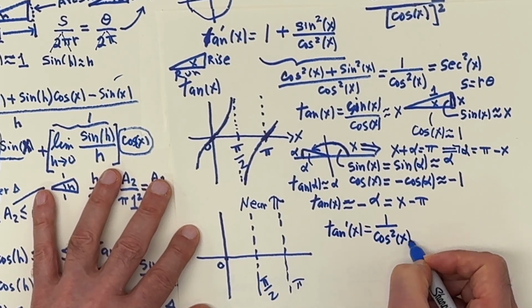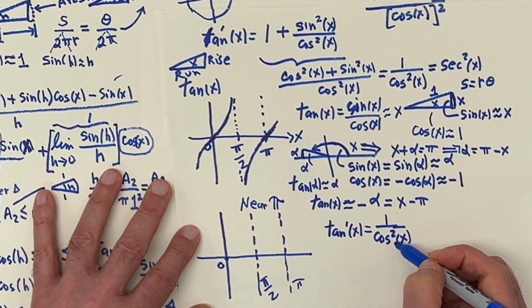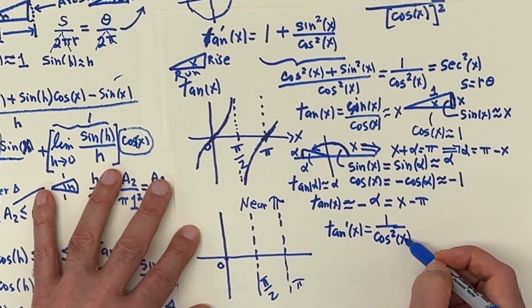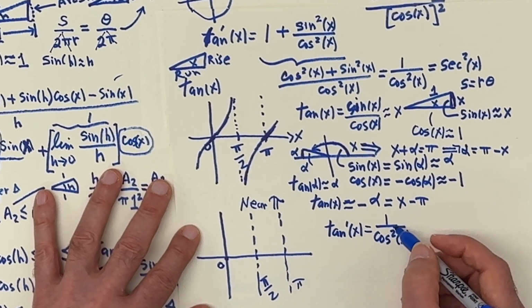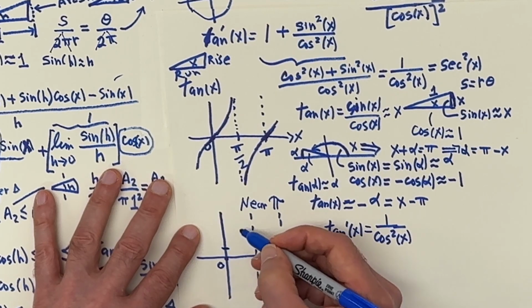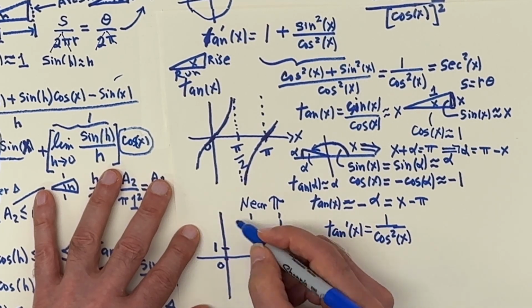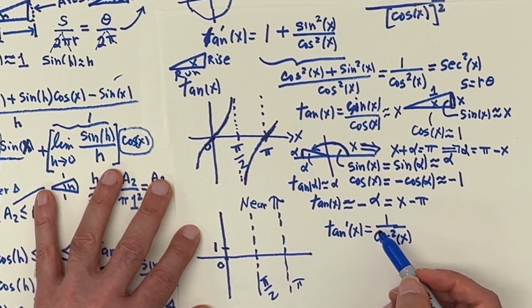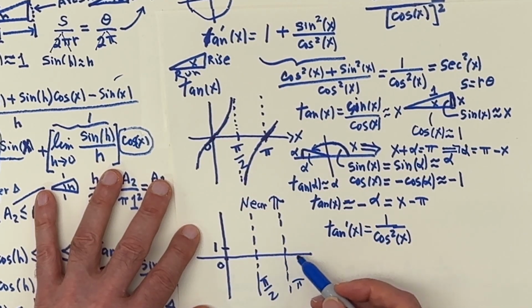So I have it right here next to the graph. At x equals 0, the cosine of 0 is 1. You square it, you get 1. So that means you're going to have a 1 here. And that's good, because that's what the slope is up in here. It checks out.